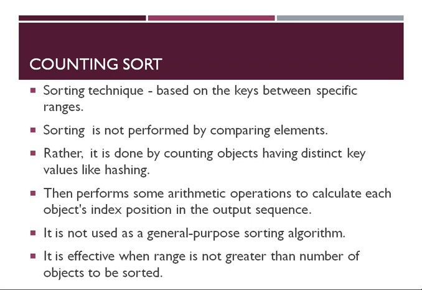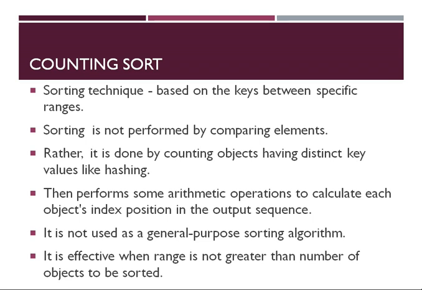Rather, this is done by counting objects having distinct values, like hashing. Like in the hashing technique, we will be counting the number of distinct objects and then perform some arithmetic operation to calculate each object's index position in the output sequence.